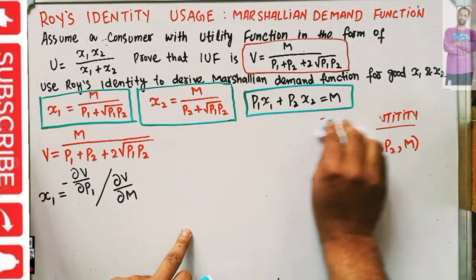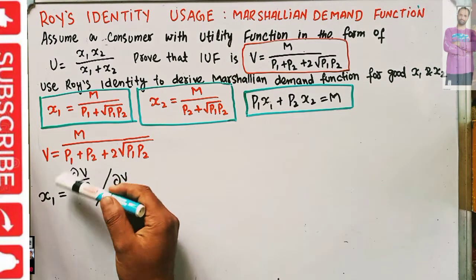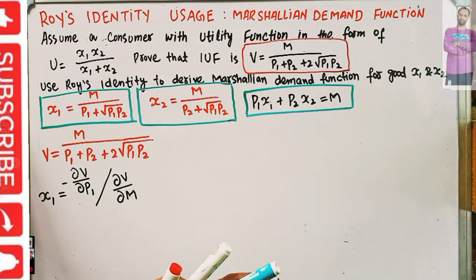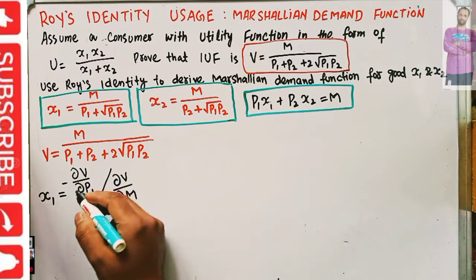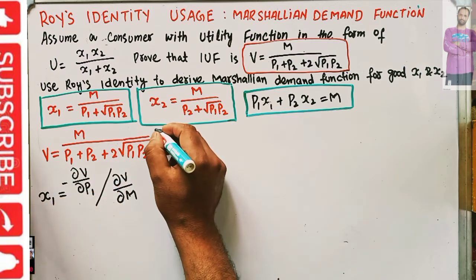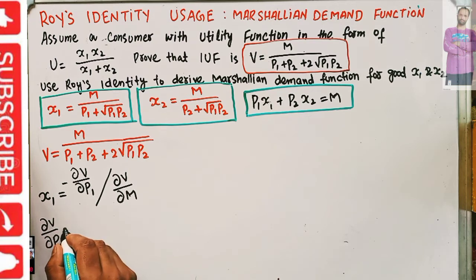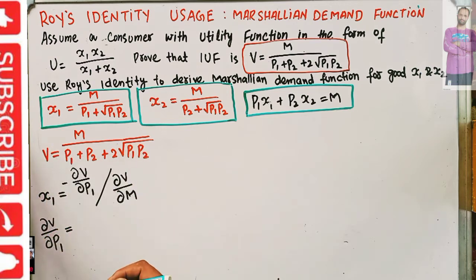So let me rub this out, I will need this space. We need to find out the two derivatives, dv upon dp1 and dv upon dm. Let us first calculate dv upon dp1, then afterwards we will use this sign. dv upon dp1 implies we need to take the partial derivative of this indirect utility function with respect to price.